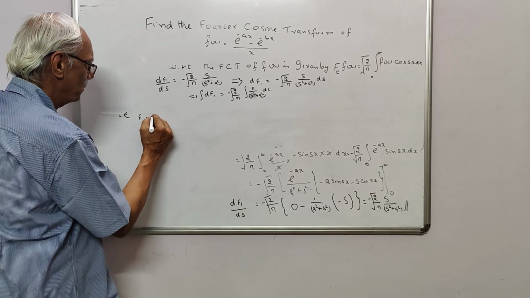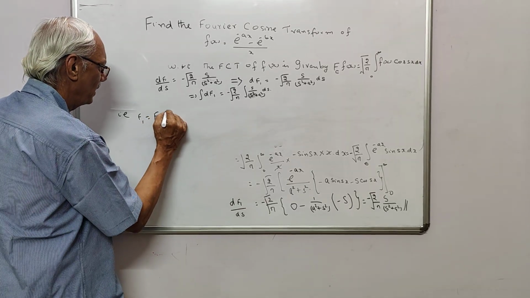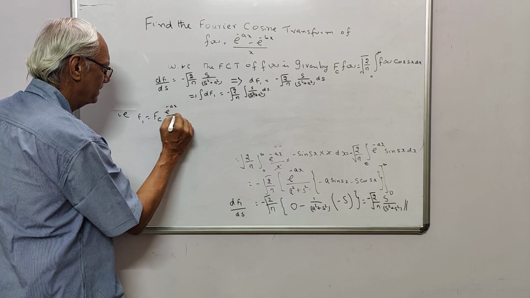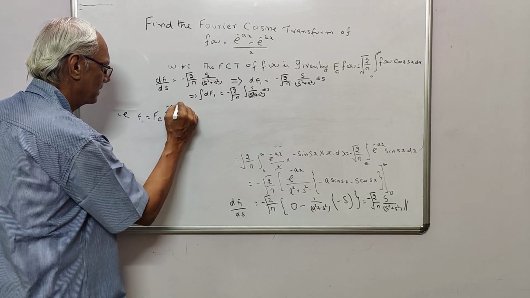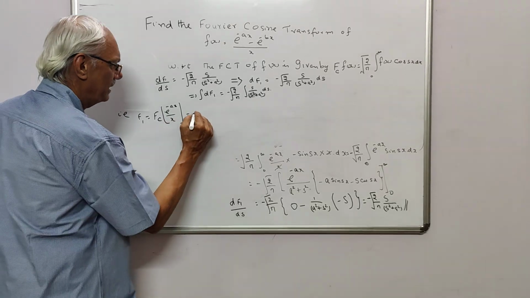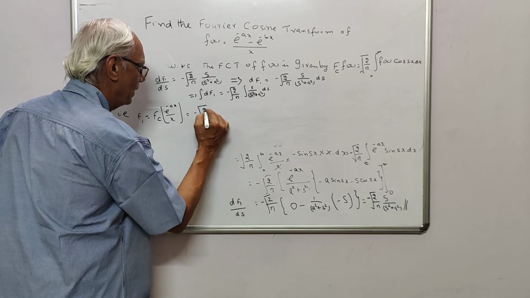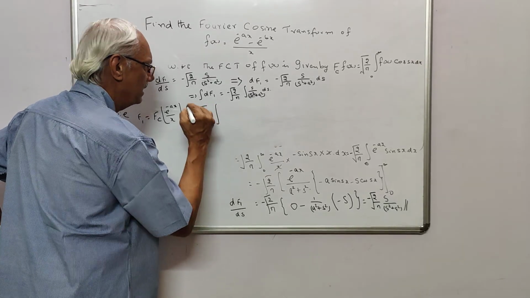But f1 is nothing but your Fourier cosine transform of e to the power of minus ax by x, which is equal to minus 2 by pi into square root of this, integral.